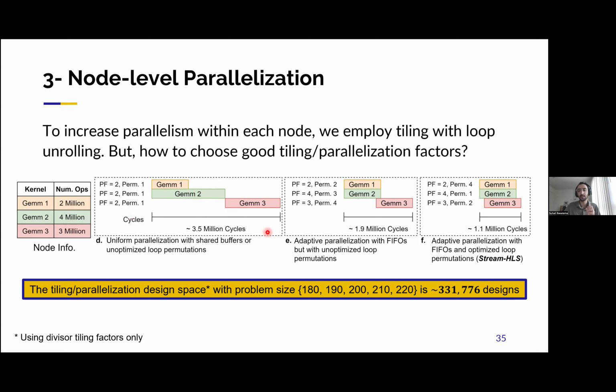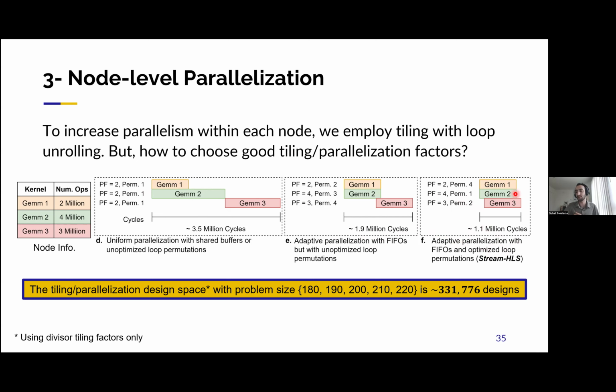Now, a better approach would be adaptive parallelization, which means we dedicate the computational resources according to the computational intensity of each layer. And this will be better. But now when we also consider the loop permutation and how it affects the overlap between computations, we see that this is the best schedule.